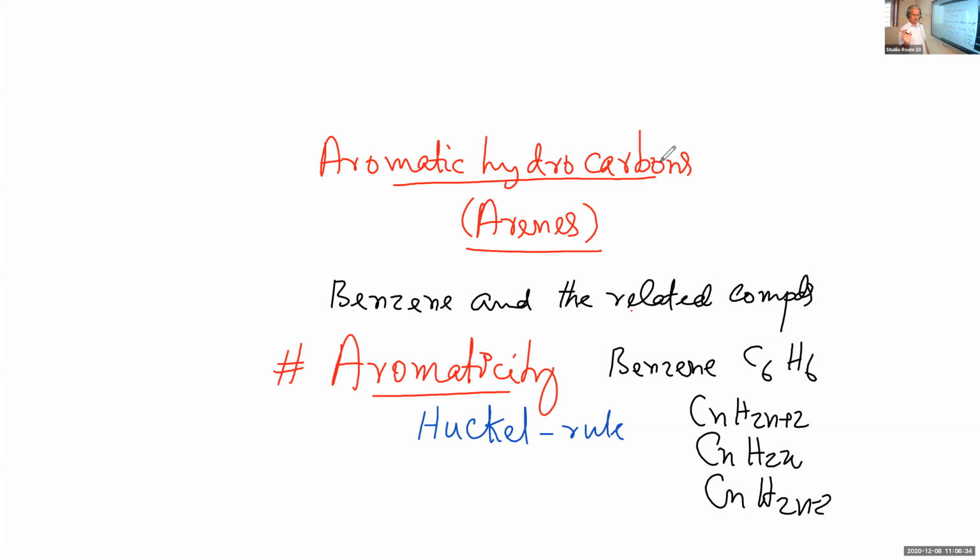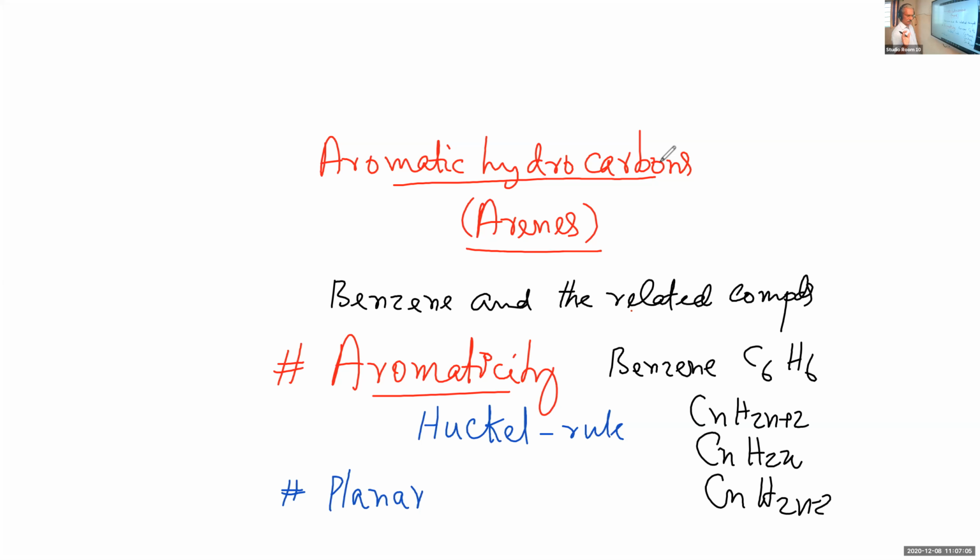The rule is very simple. According to the scientist Huckel, the system should be planar. The molecule, or maybe an ion also, the species should be planar.